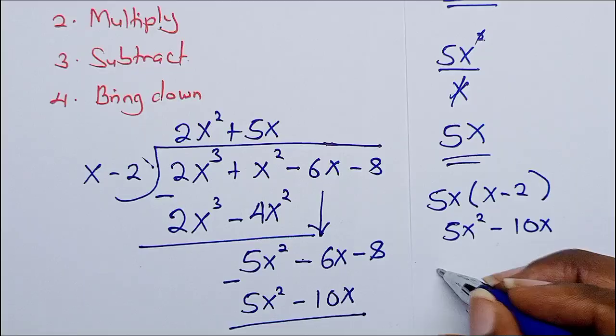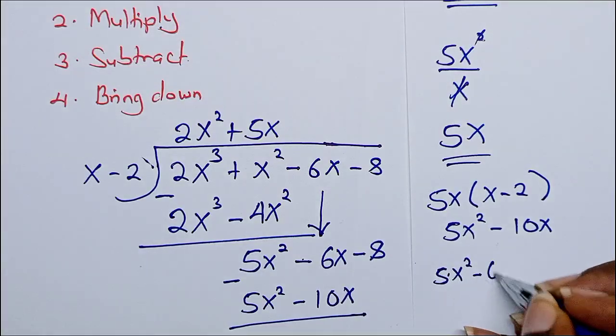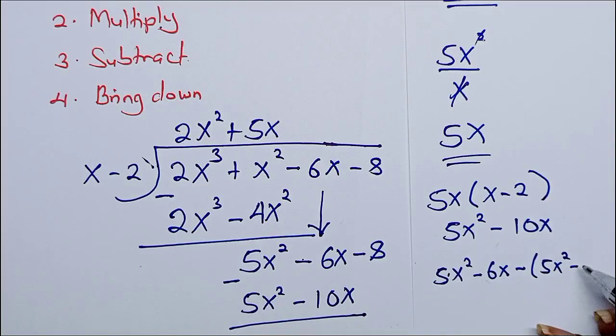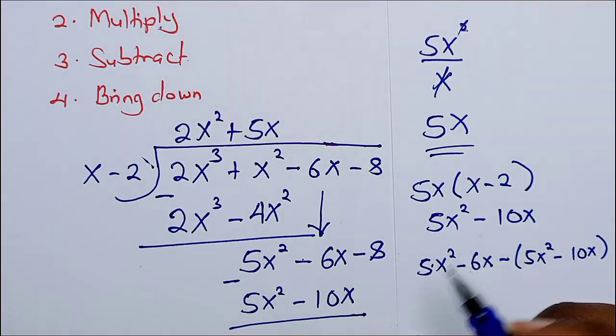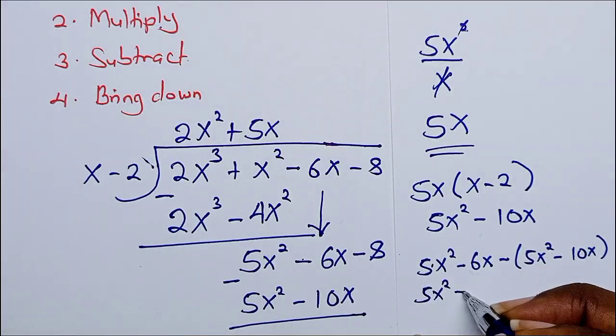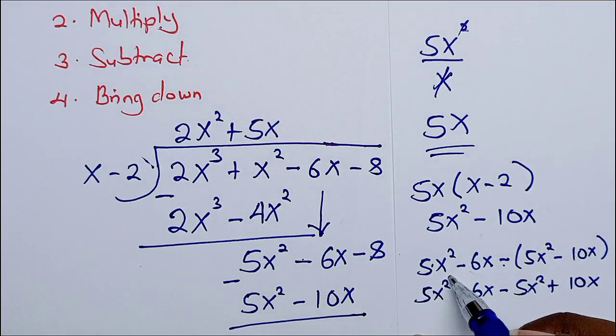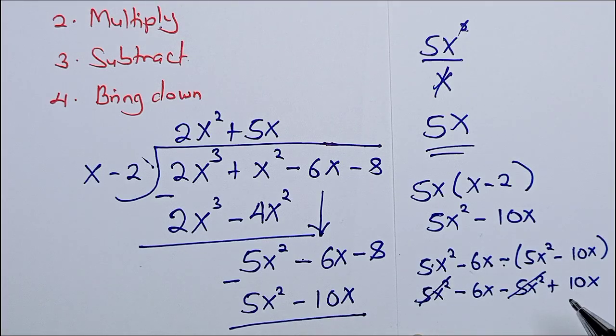So we are subtracting: 5x squared minus 6x minus 5x squared. This minus goes for this whole thing, okay? Minus 10x. So this will be 5x squared minus 6x minus 5x squared, and this minus times this minus becomes positive, plus 10x. 5x squared cancels with minus 5x squared.